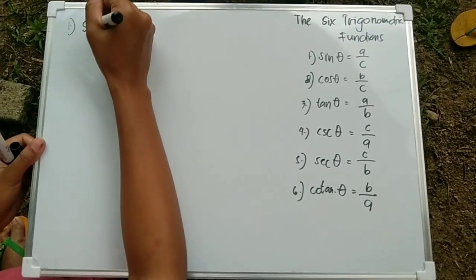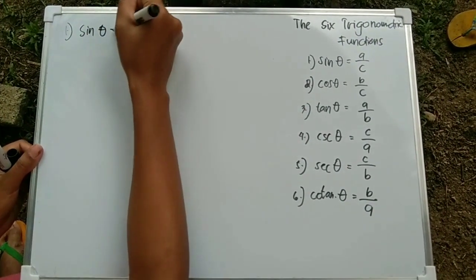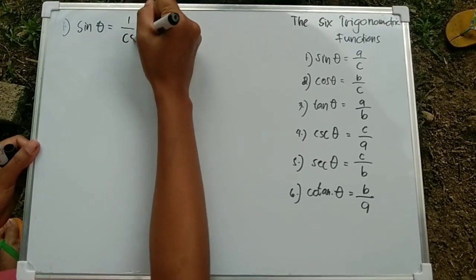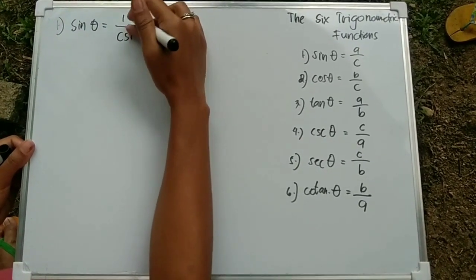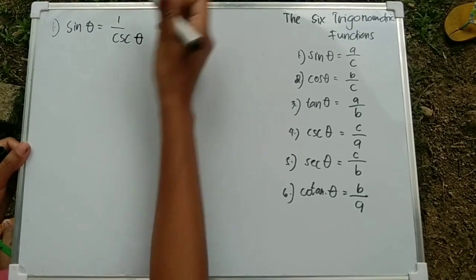So the first in our list to derive is sine theta, which is equal to 1 over cosecant theta.